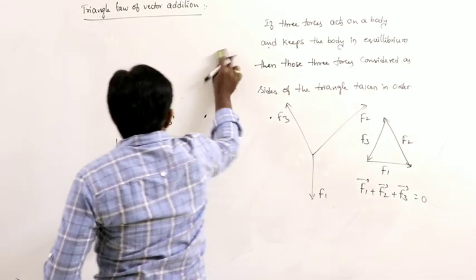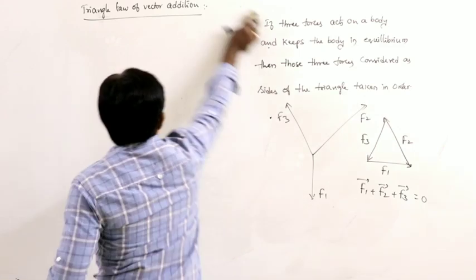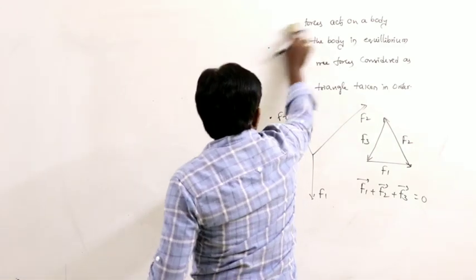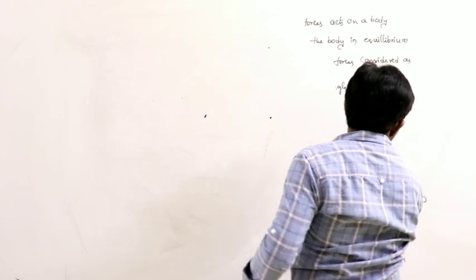Next, based on this we can write the polygon law of vector addition also. Polygon law. Poly means many sides.